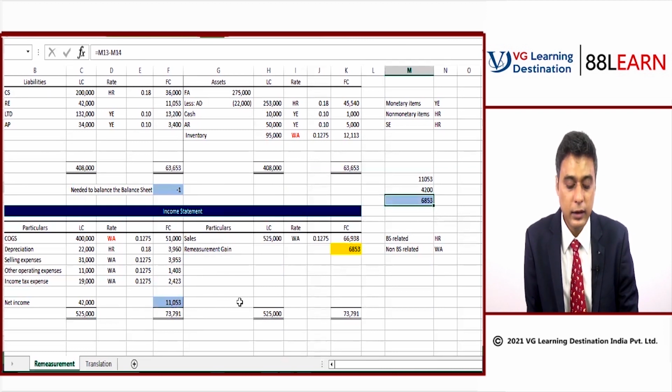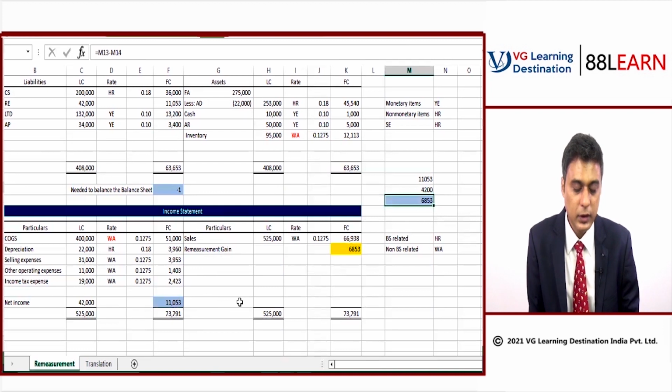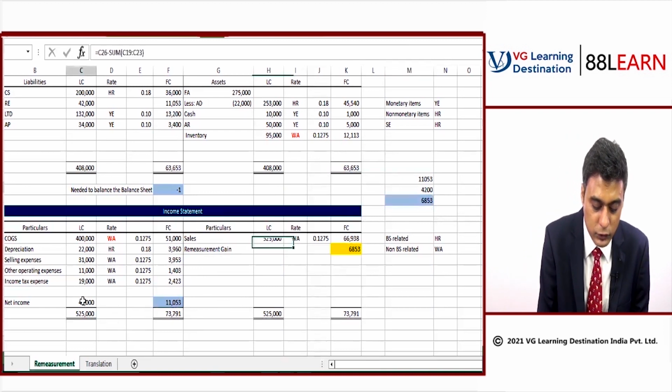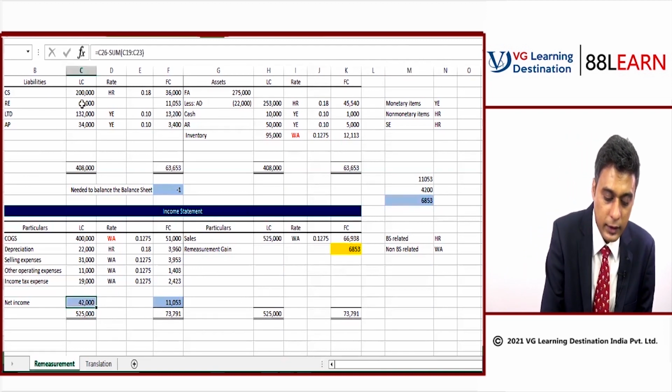Here, of course, the beginning retained earnings was 0, right? Beginning retained earnings was 0. The net income for the year was 42,000. Therefore, the retained earnings was showing in local currency as 42,000.